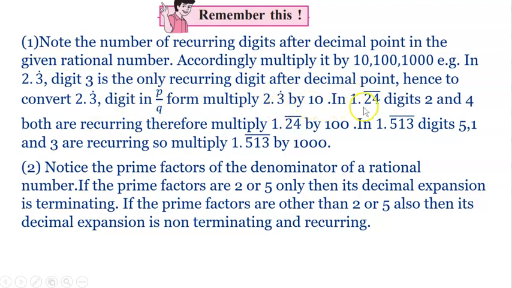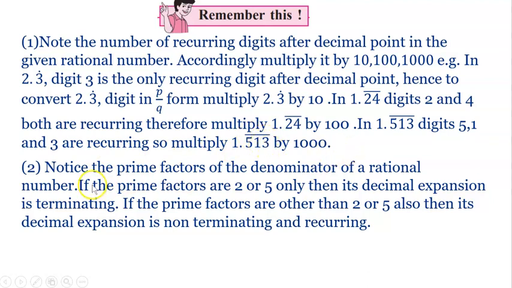In 1.24 with a bar, the digits 2 and 4 both are recurring, therefore multiply 1.24 bar by 100. And in 1.513 with a bar, the digits 513 are recurring, so multiply 1.513 bar by 1000.